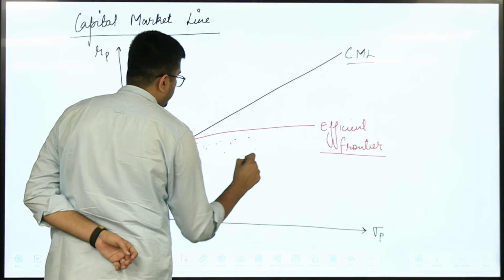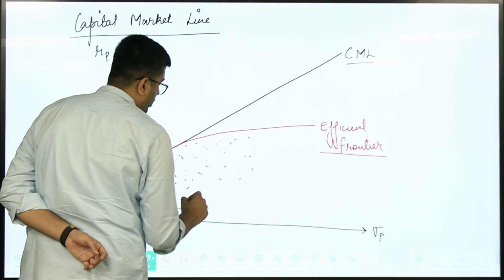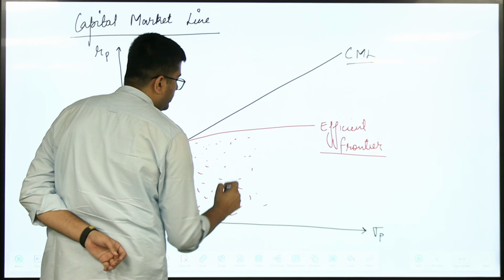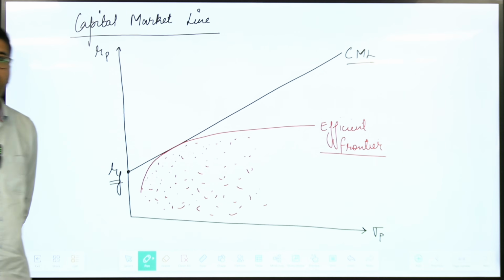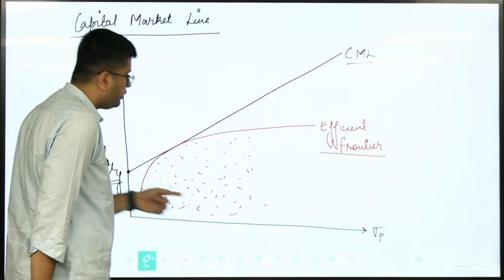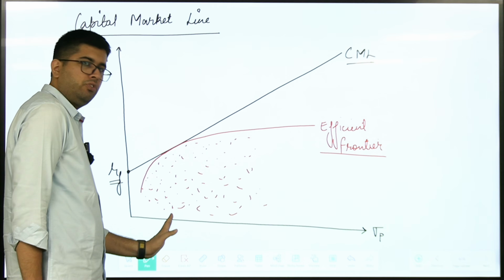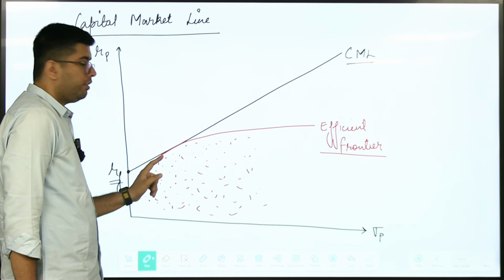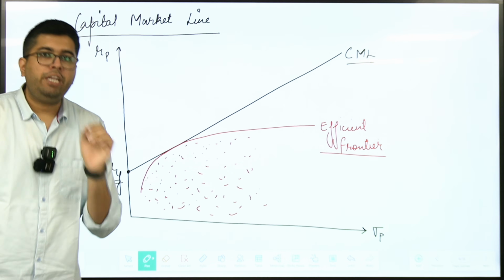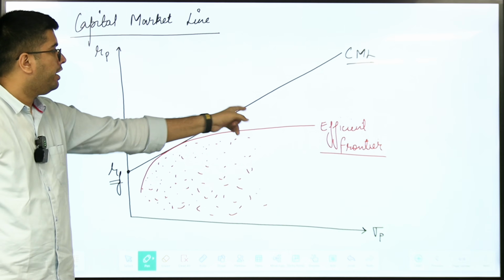Each dot here representing a possible portfolio in the market containing only risky securities. So these are all the risky securities in which an investor could have invested in the market. The most rewarding out of all of these options make up the efficient frontier. So essentially, for any given level of risk, the most rewarding portfolio, the ones which are giving you maximum return in the market, combination of all of those best portfolios, that is referred to as efficient frontier.